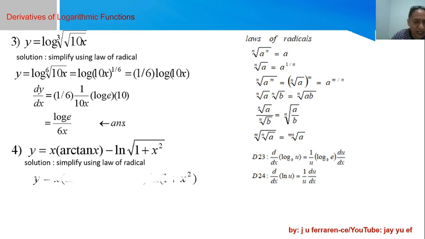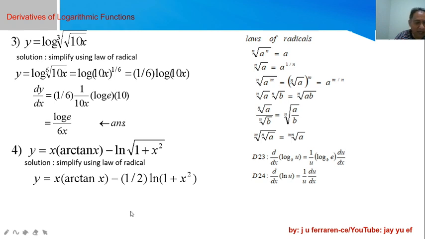In terms of fractional power, entirely this is raised to power 1 half. So 1 half, according to the property of logarithm, can be taken as a factor. Then we are now ready to differentiate when your u in the logarithmic function is raised to a power which is now 1.